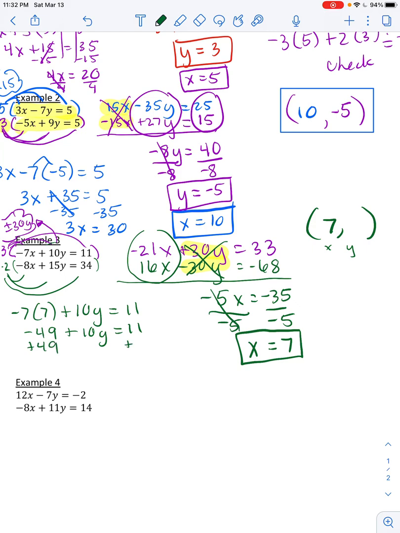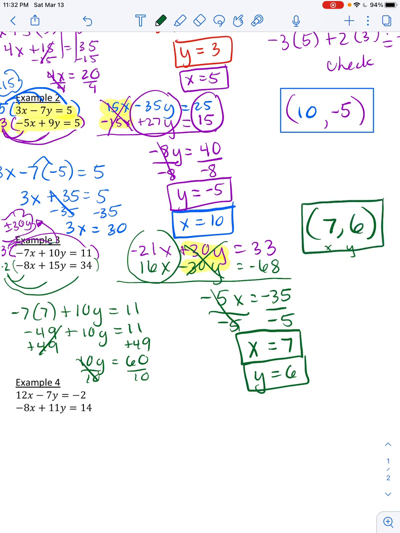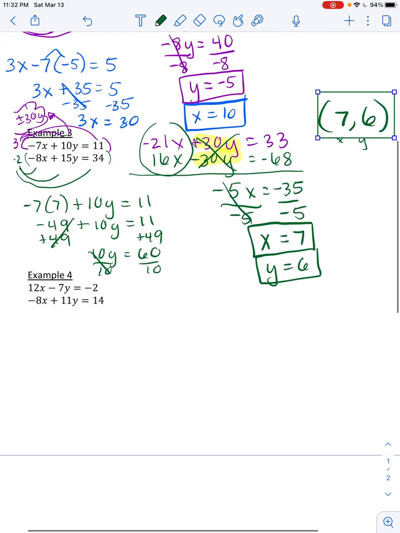Adding my 49 over, which is solving like we have been all year, that's going to turn into 60. And then dividing by 10, I find that my y coordinate is going to be a 6. And then I can go back, check my work by plugging in 7 for x and 6 for y.